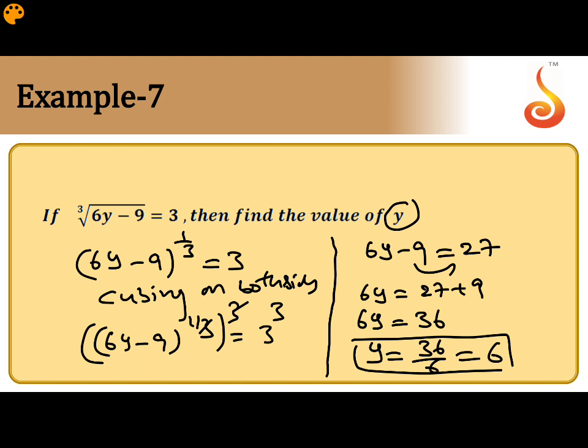That means 6y minus 9 whole power 1 is nothing but 6y minus 9. So now we can get the value of y. So 6y minus 9 equal to 27. 6y equal to 27 plus 9, 36. And y equal to 36 divided by 6, that is 6. Clear now?